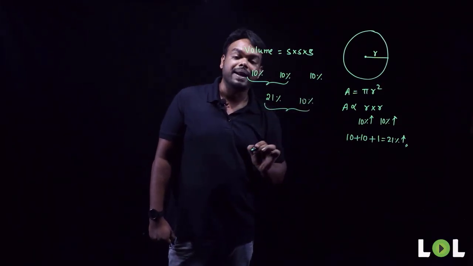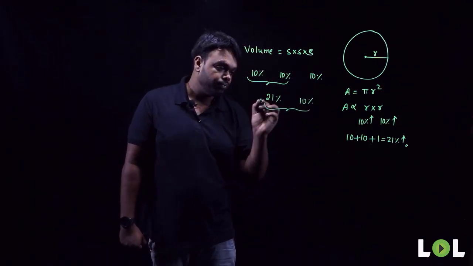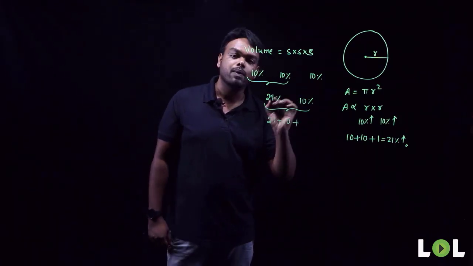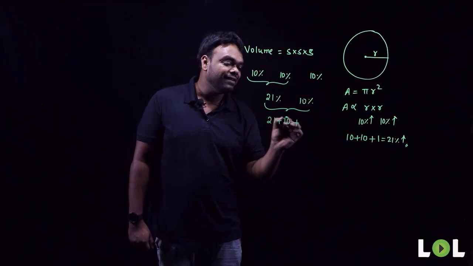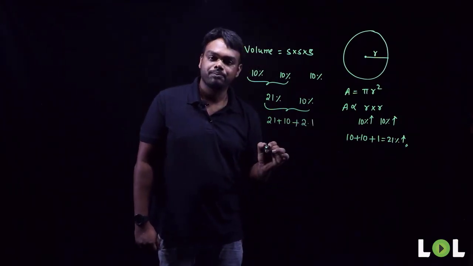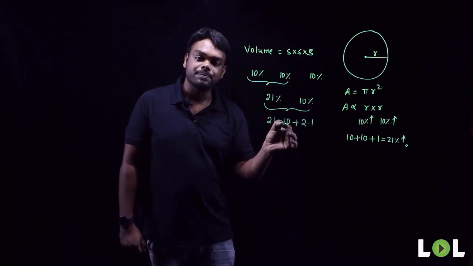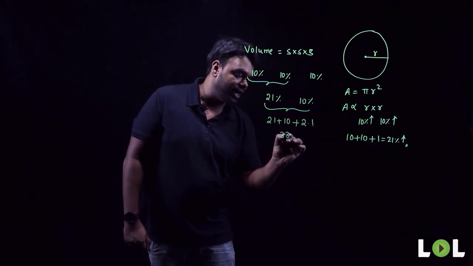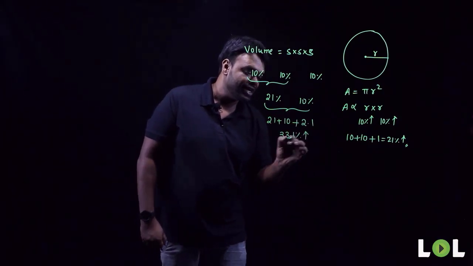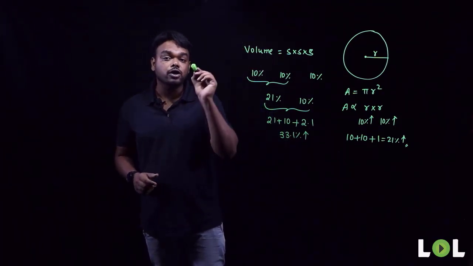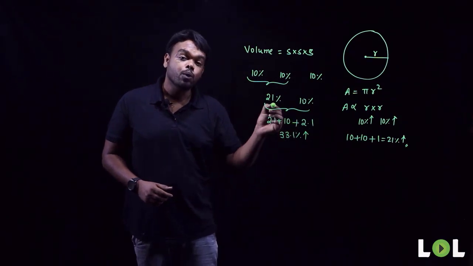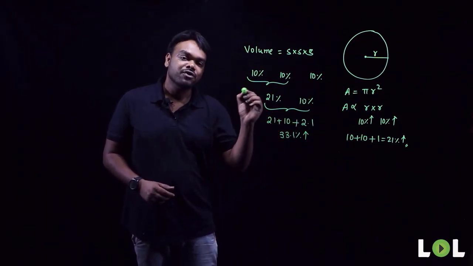For these two, if we apply x plus y plus xy by 100, we should get 21 plus 10 plus 21 into 10, which is 210, divided by 100, which should be 2.1. So that is 21 plus 10, 31, plus 2.1, that is 33.1% increase. So when you increase the side of a cube by 10%, volume increases by 33.1%, and that has to be our final answer.